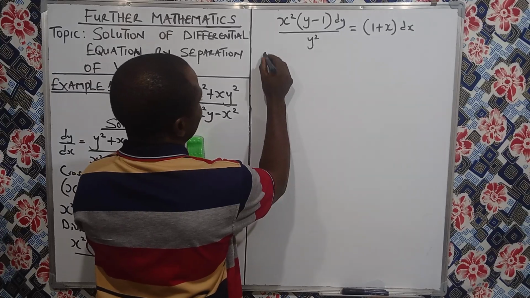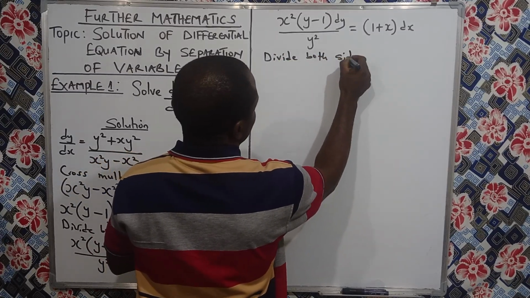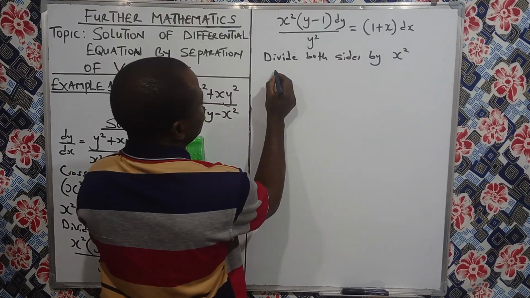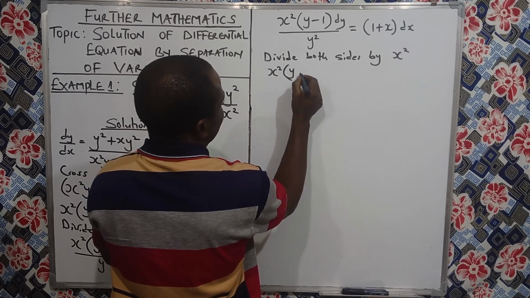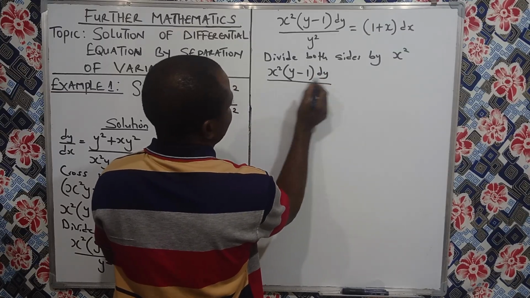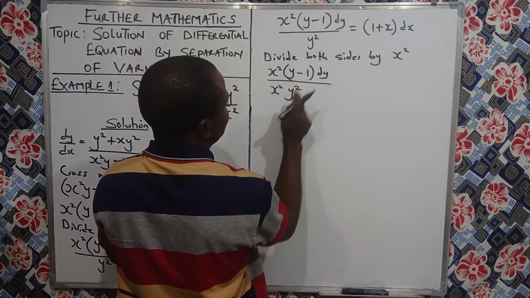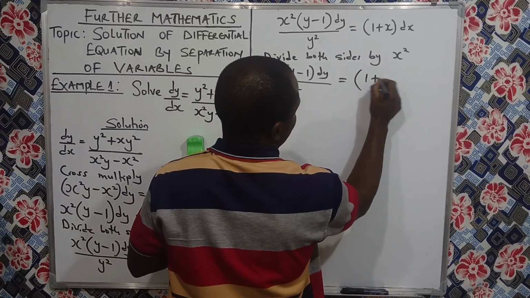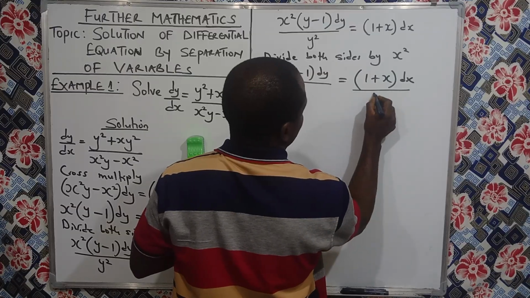Divide both sides by x squared. When you do that, you now have x squared, open bracket, y minus 1, dy over, because we divide both sides by x squared, y squared before here equals, divide both sides, that is 1 plus x, dx over x squared.